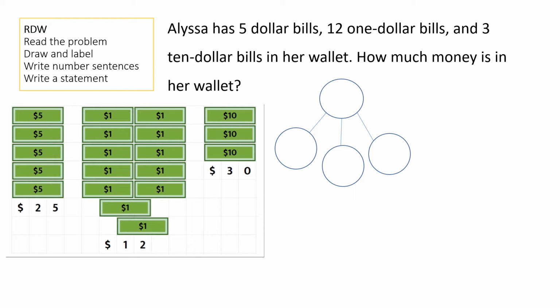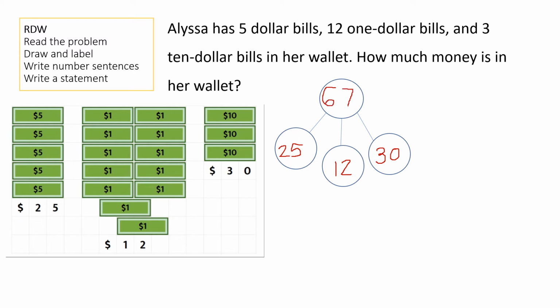Another way we could have represented this problem is using a number bond, where we know the different parts that Alyssa has, such as 25 with her 5 $5 bills, 12 with her 12 $1 bills, and 30 with her 3 $10 bills, which would give us a total of $67, which would be our whole.